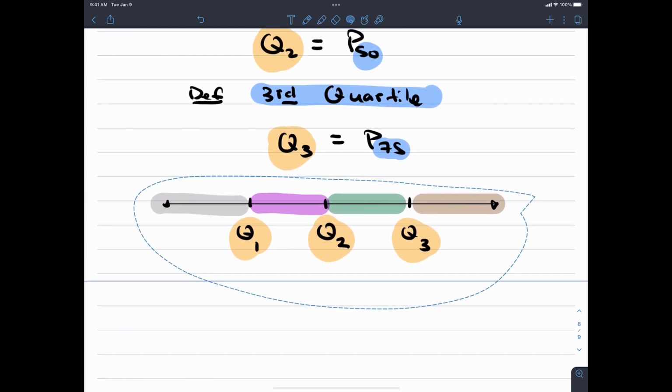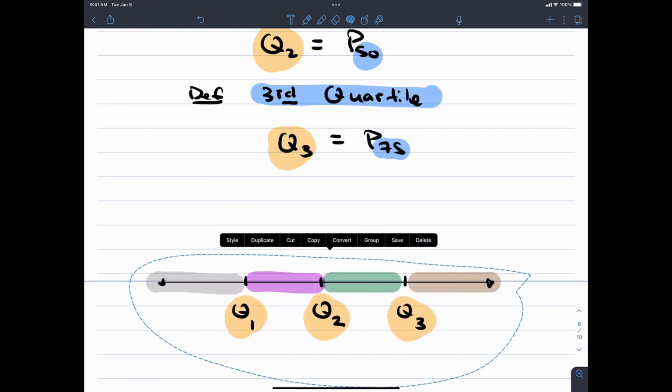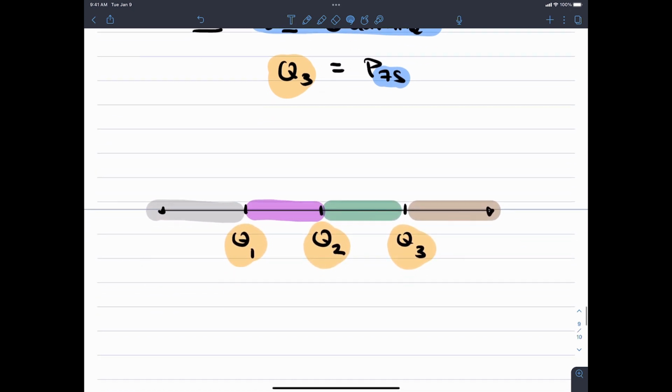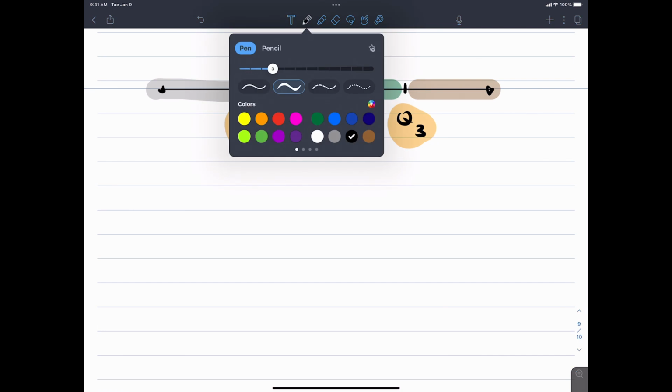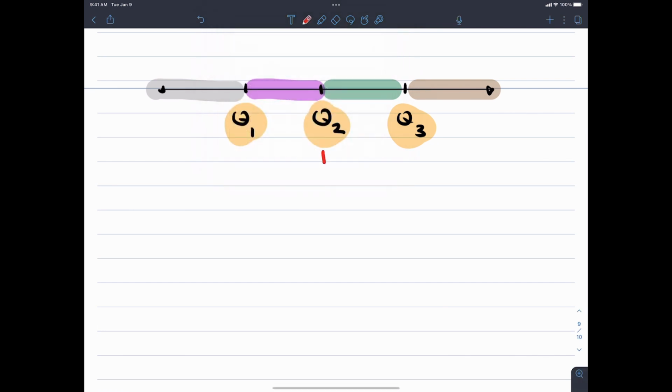You're partitioning your data really into what we call quartiles. Now, don't forget the definition. In the middle here, this is P what? P50. What is the first quartile? P25. What's the third one? P75. So 25% of the data is here, 25% of the data is here, 25% of the data is here, 25% of the data is there.